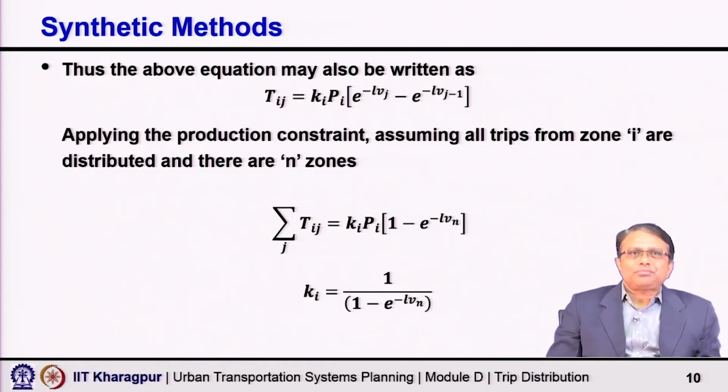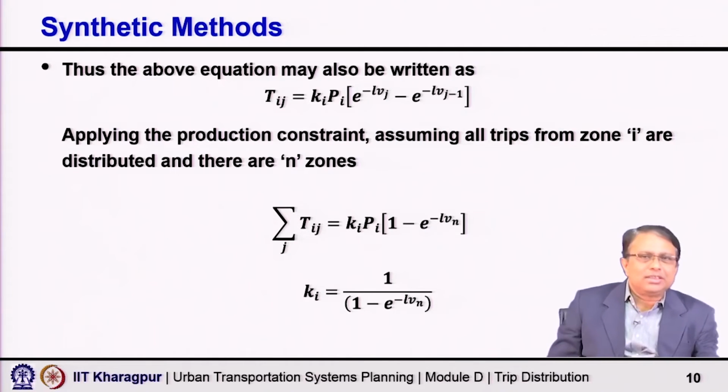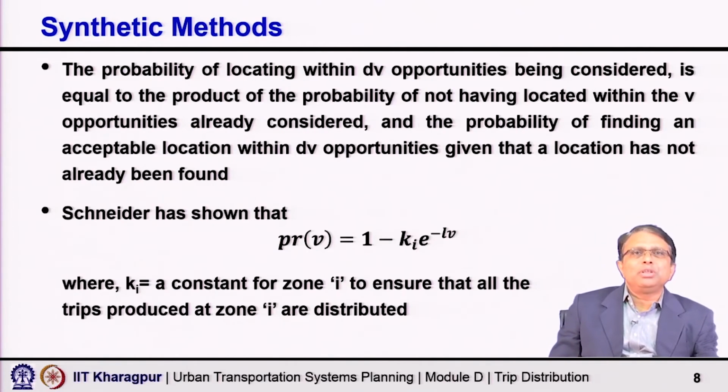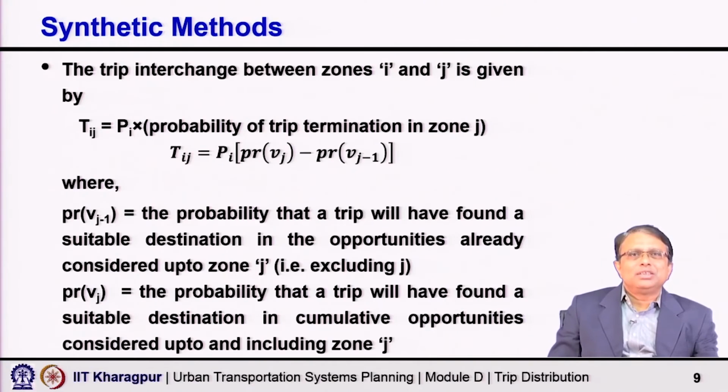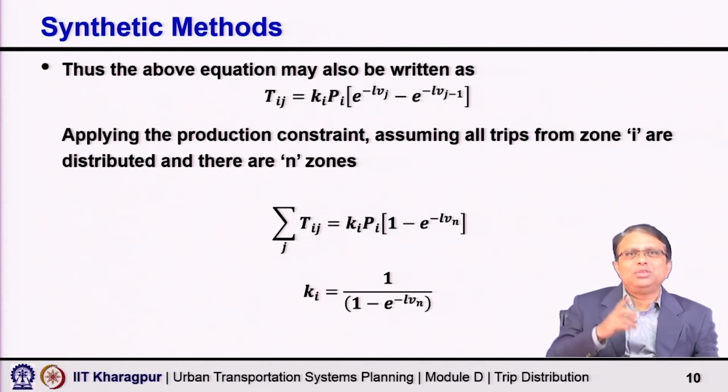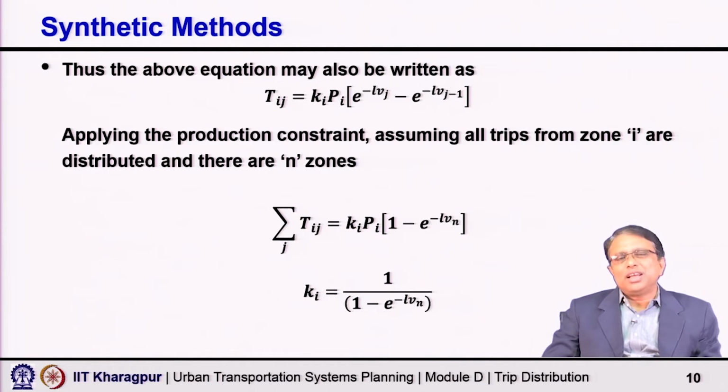Now, considering that probability of V equal to 1 minus k I into e to the power minus L V, if you put that, then you can put T I j equal to k I p I into e to the power minus L V j minus e to the power minus L V j minus 1. Now, applying the production constraint, means what?